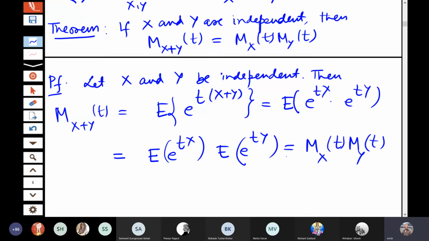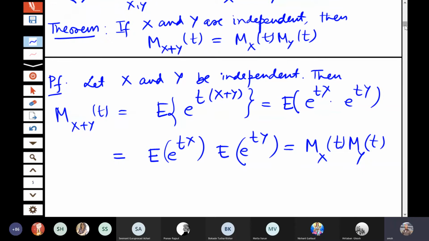So I will show you the usage of this for deriving various distributions. But before we go to that, let us take up one important joint distribution. So we have discussed several examples of joint distributions in the case of discrete and in the case of continuous. We have done several problems now.